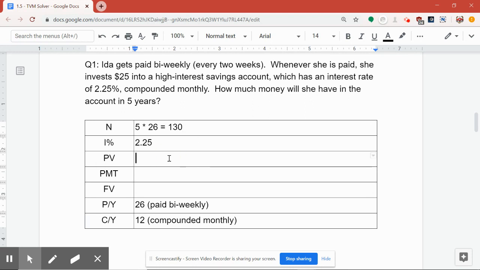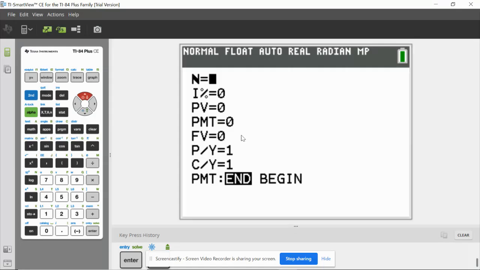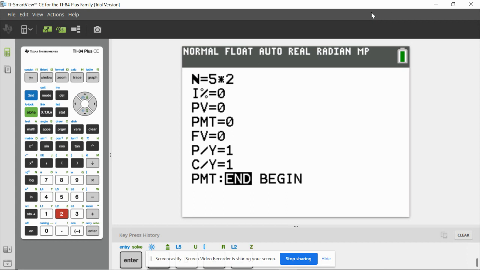There is no initial investment. Instead, there are regular repeated investments of $25. And what we want to do is figure out what the future value is going to be. So these are the values that we're going to take and put into our TVM solver. So our N was 5 times 26.